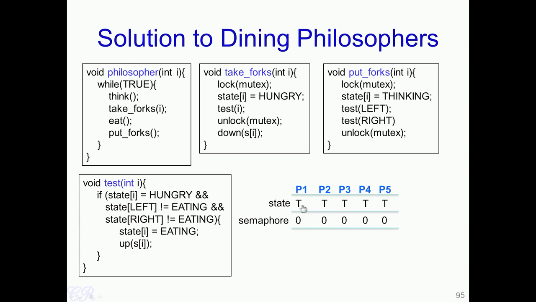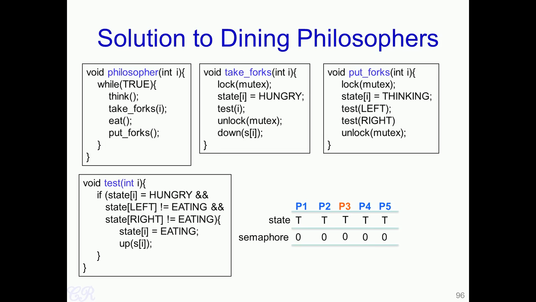So, let us say all the philosophers are in the thinking state, and then philosopher 3 goes from the thinking state to the take fork, and as a result the take fork function for philosopher 3 gets invoked, and the state of the philosopher then changes from thinking to hungry.